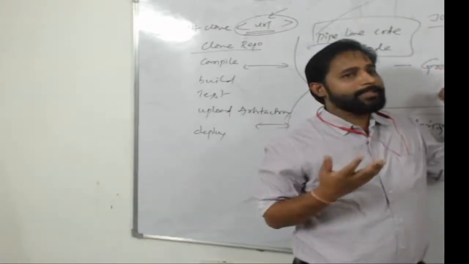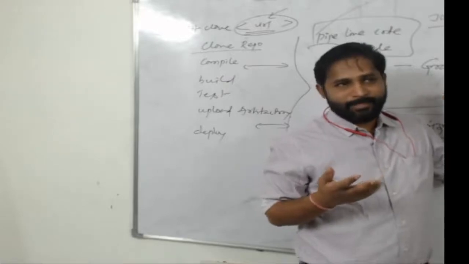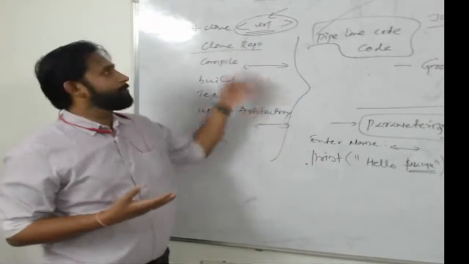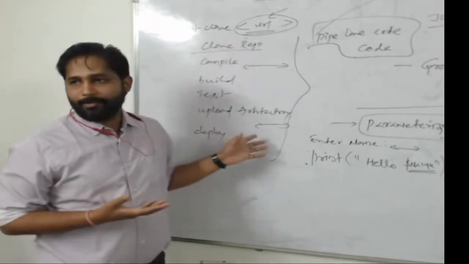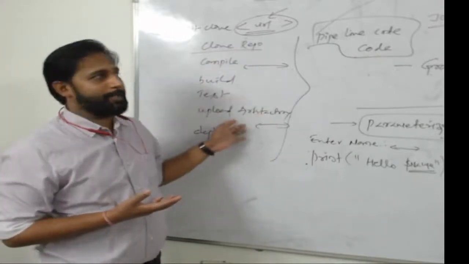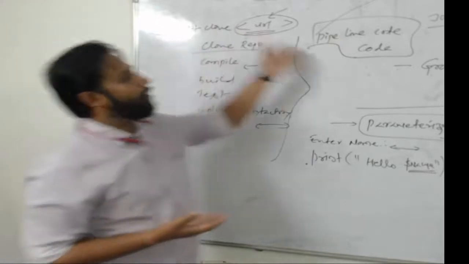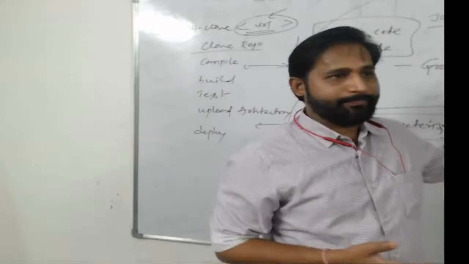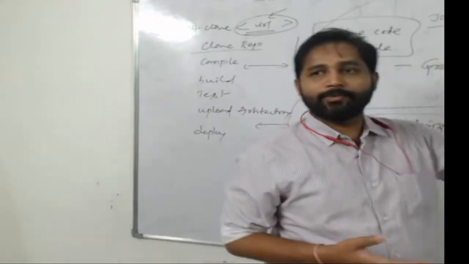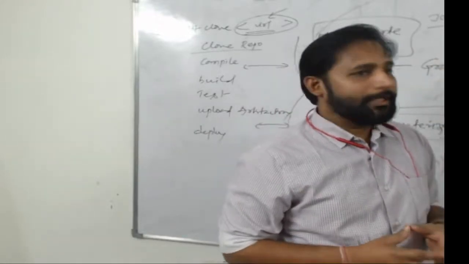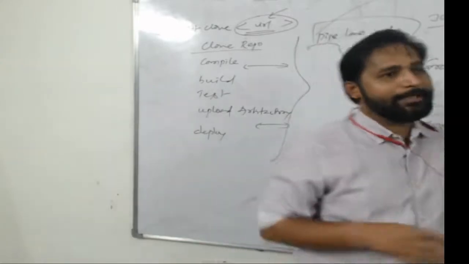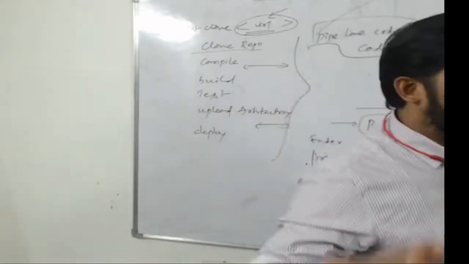What is a job? A job is a sequence of steps to bring your code and deploy your code. You may have 3 or 4 steps. Now, a job can be a freestyle job or a pipeline job. A freestyle job is something where you configure everything on the Jenkins interface itself. But the problem with the freestyle job is it is completely DevOps engineer dependent.